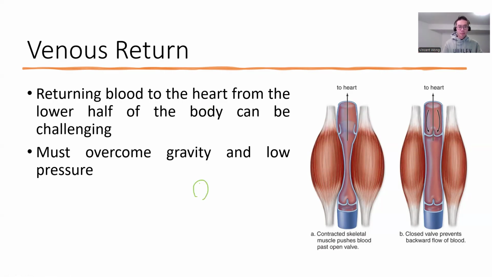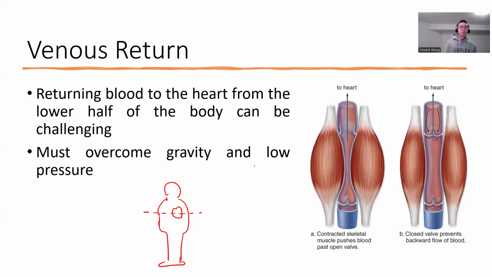First of all, if you think about the location of the heart, okay, which is this is the person, and then the heart is going to be over here, which means everything below this line needs to go against gravity before it can return to the heart.